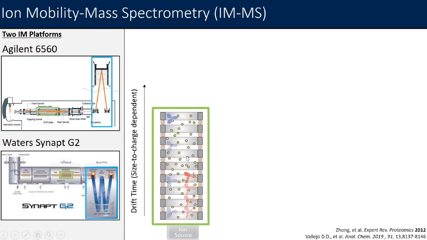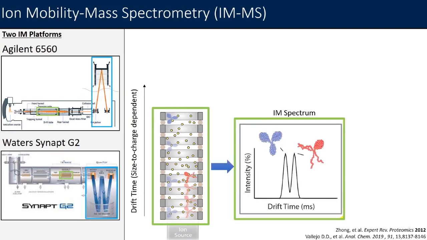They will drift along that electric field and collide with the background gas. The larger my ions are, the more they collide with the background gas, and the slower they travel through the device versus the more compact, streamlined forms of those ions. So they elute from this chamber on the millisecond timescale and give us some form of separation that, again, is related to the size and shape of the ions if we keep charge fixed.